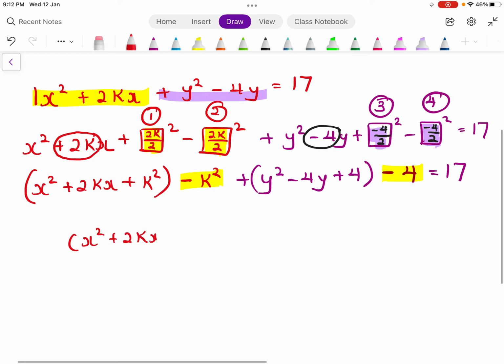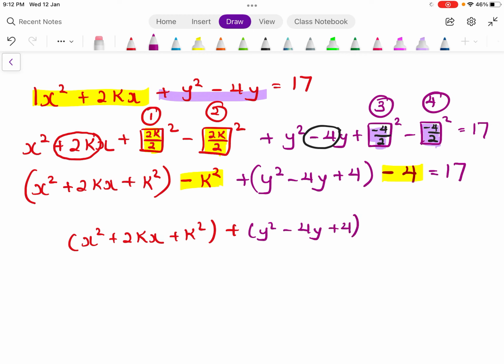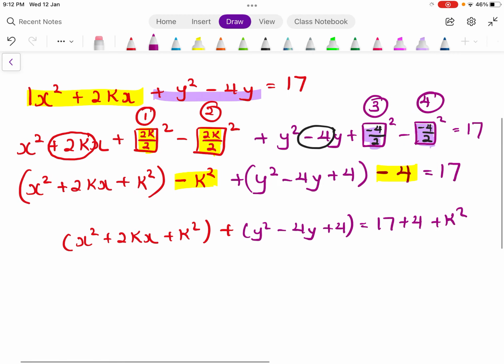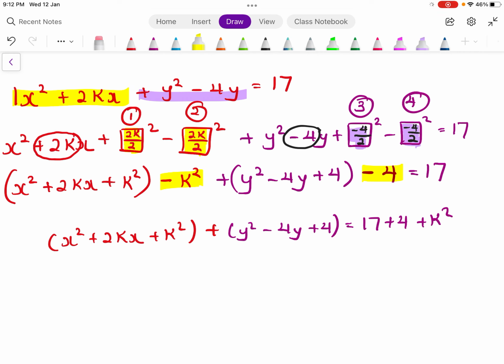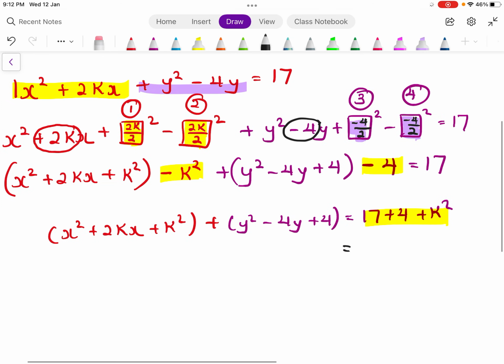This one I believe later we need to factorize. (x plus k) squared plus (y minus 2) squared, that is y squared minus 4y plus 4. When you move the minus k squared and minus 4 to the right hand side, you get 17 plus 4 plus k squared. The value of the right hand side is actually r squared. So this is equal to 21 plus k squared.